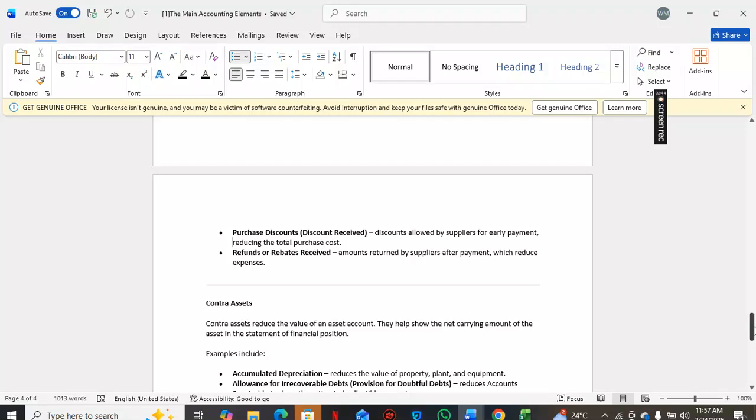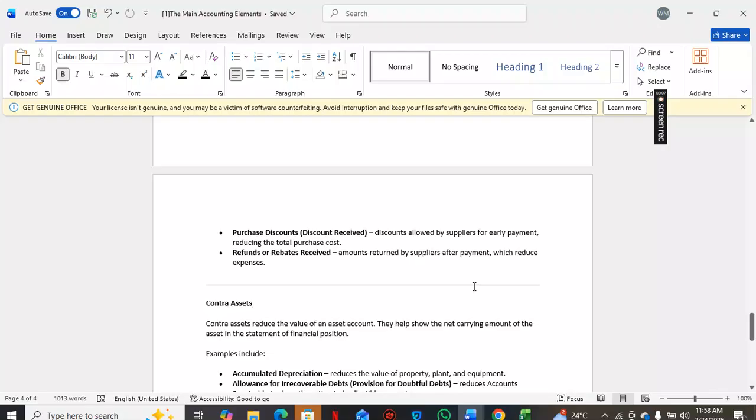For example, sometimes you can pay a supplier off, then they return a certain amount back to you. Or if you have been doing business with a supplier, they can give you a rebate where they charge you less.